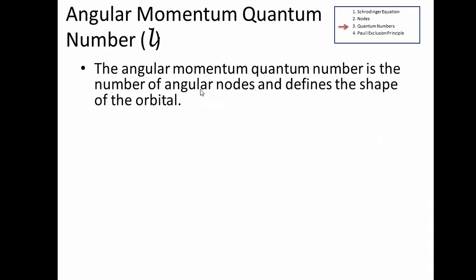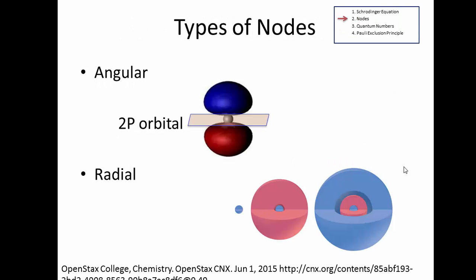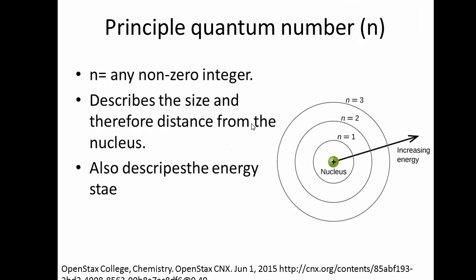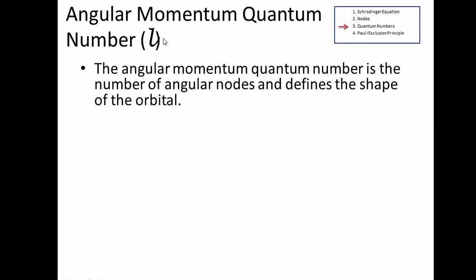The angular momentum quantum number tells you the number of angular nodes. Remember previously we said that an angular node was one of these planar nodes. So whatever number L is equal to, that's the number of angular nodes that your atomic orbital possesses. The shape of our orbital is very dependent upon our angular momentum quantum number.